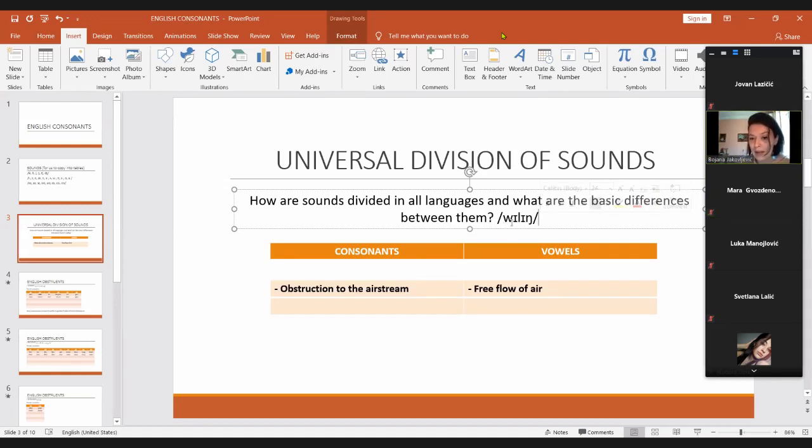We have one short I sound and then the other short I sound. So two vowels, two syllables. If we said that w is a vowel, then we would have three syllables, right? But we don't. We have only two. So what is then the difference?